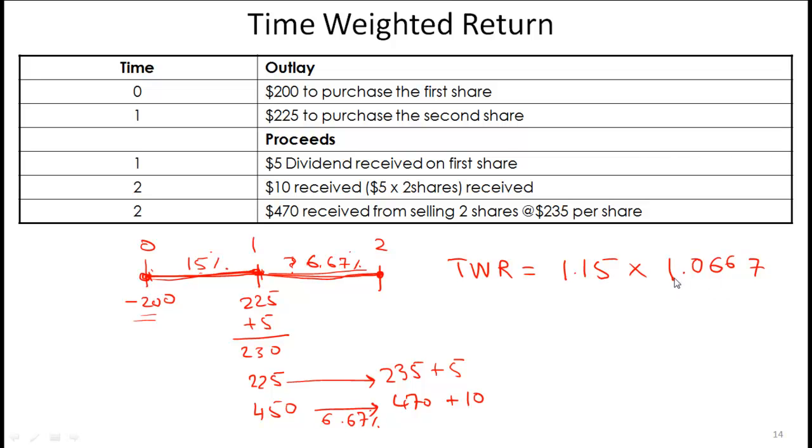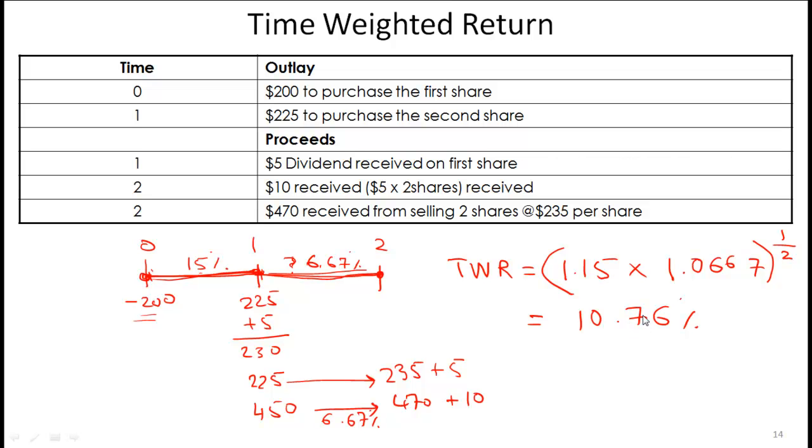So this is simply saying that your $1 here grew at 6.67%. And since it's 2 years, you raise it to the power of 1 over 2. The 2 represents the number of years. And when you come up with this number, you will have 10.76%. So this is your time-weighted return.